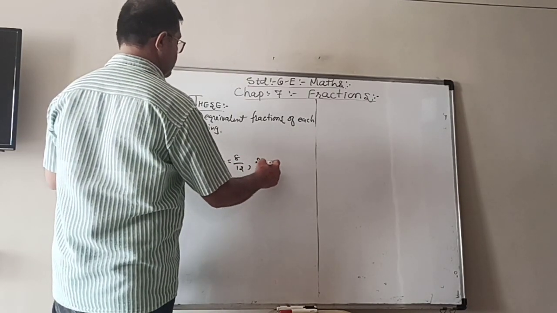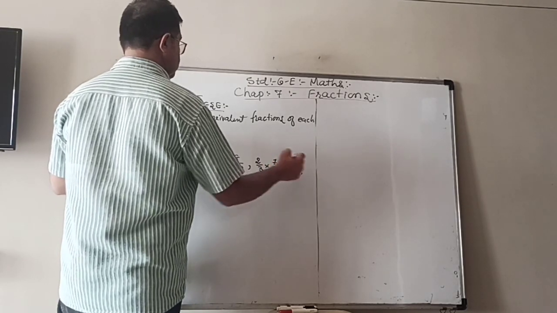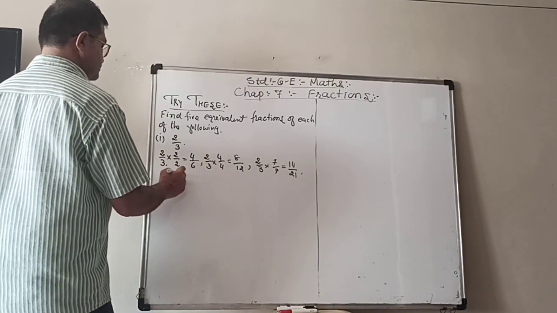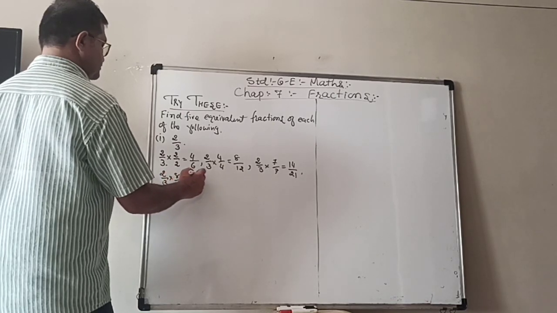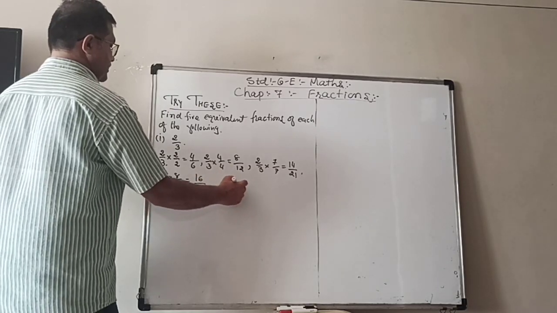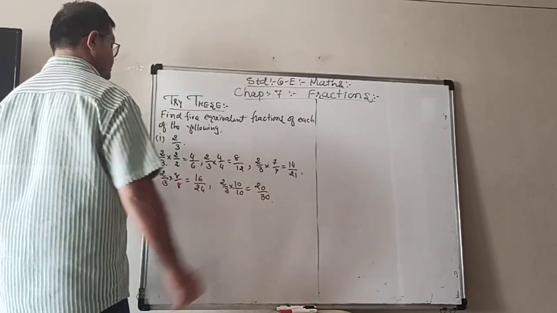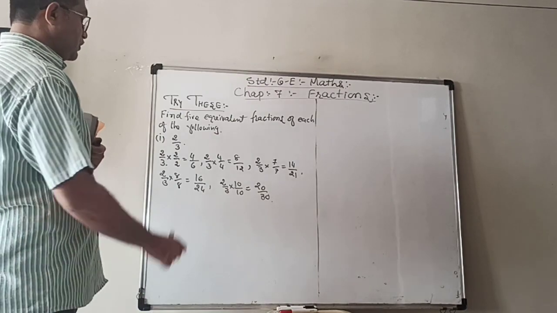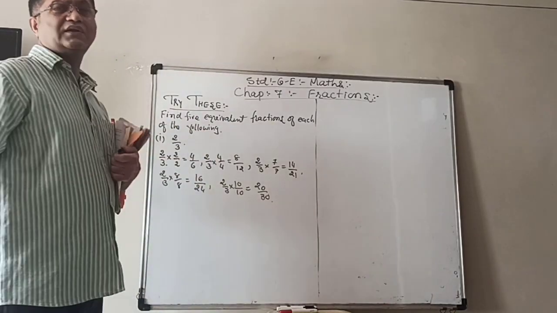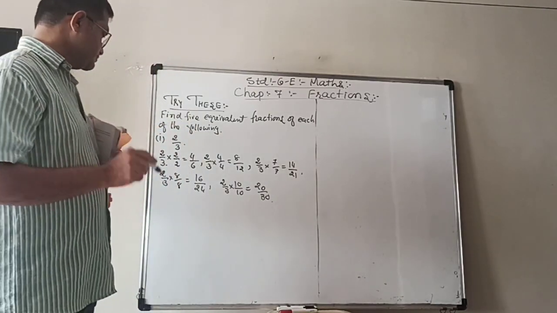Then you can take 2 by 3 multiplied by 7 upon 7, 14 upon 21. 2 by 3 multiplied by say 8 by 8, 16 upon 24. 2 by 3 multiplied by 10 by 10, so 20 upon 30. So whatever you take doesn't matter, 2, 4, 5, 7, 10, 100, 200, but the same number must be multiplied in numerator and denominator both.